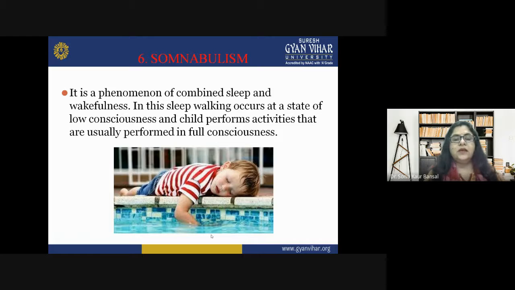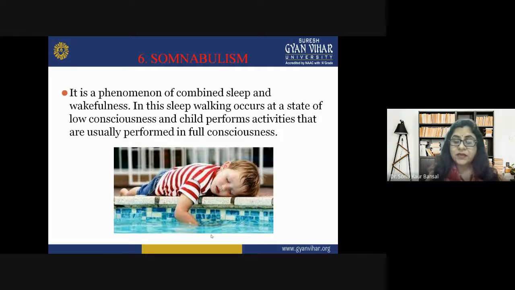Now, the next important behavioral disorder that we are talking about, that is somnambulism. Somnambulism, it's a phenomena of combined sleep and wakefulness. So sometimes the child is sleeping, sometimes the child is actually waking up, and in this sleep, walking occurs at a state of low consciousness. And child performs activities that are usually performed in full consciousness.